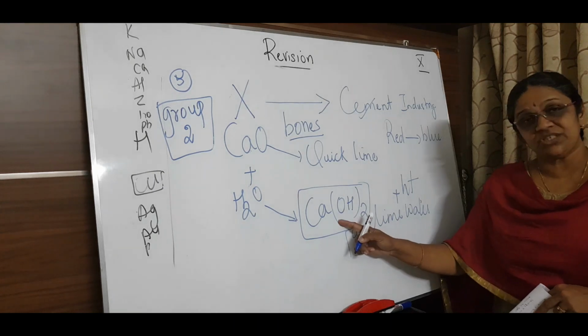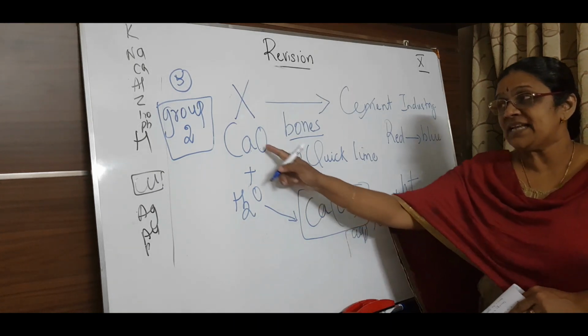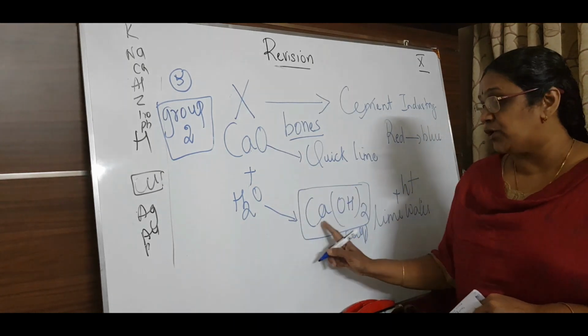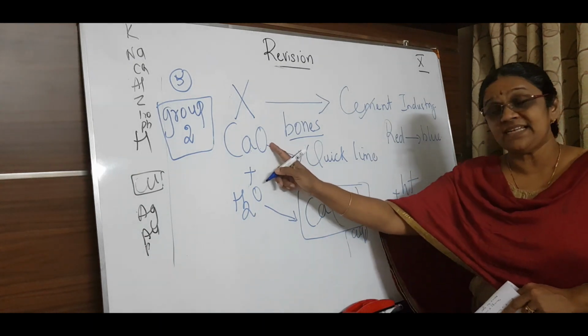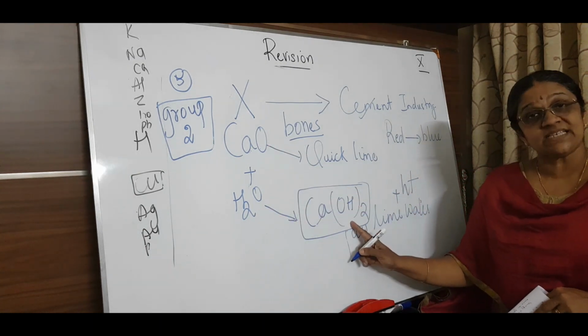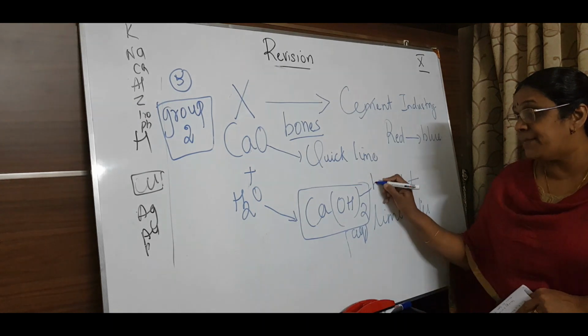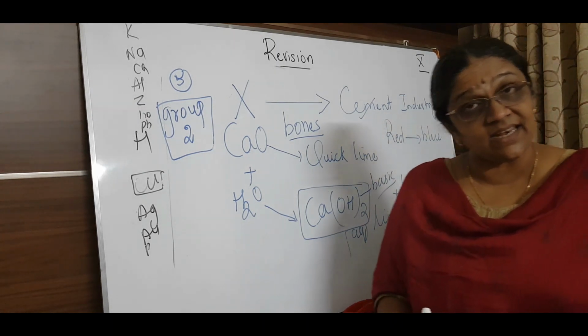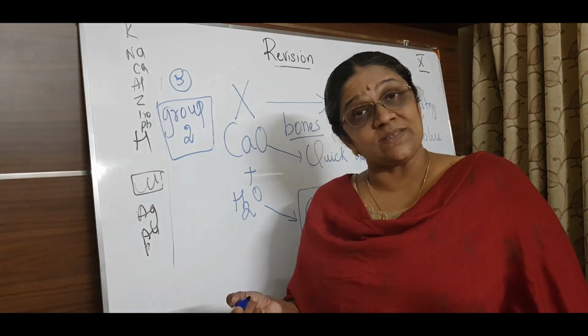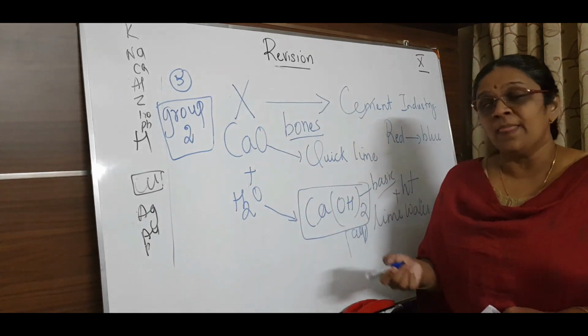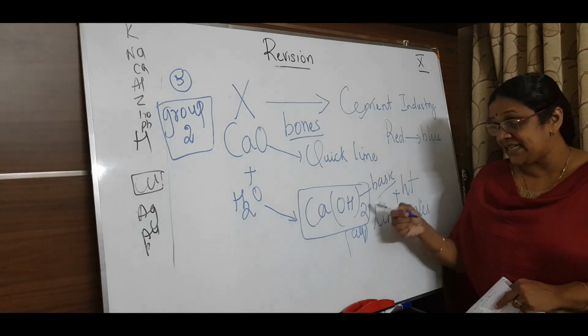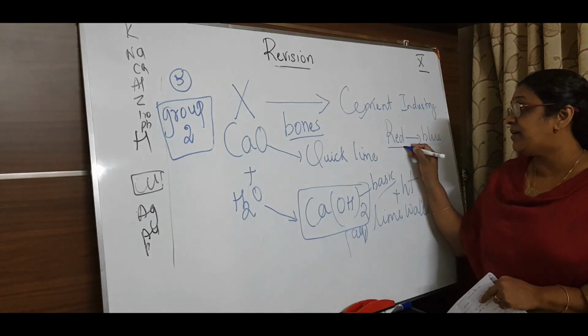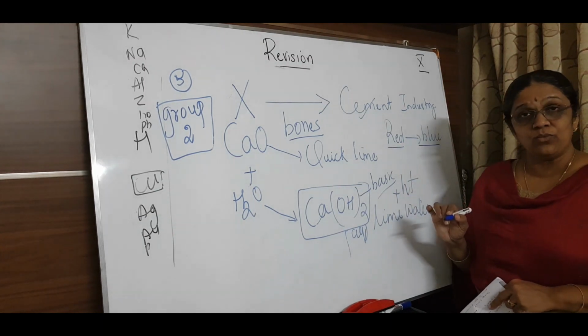Yes. Why? Because metal oxides dissolve in water to form metal hydroxides, which are basic in nature. You have studied metallic oxides are basic in nature, whereas non-metallic oxides are acidic in nature, isn't it? So this is basic. So since it is a base, it will convert the red litmus to blue.